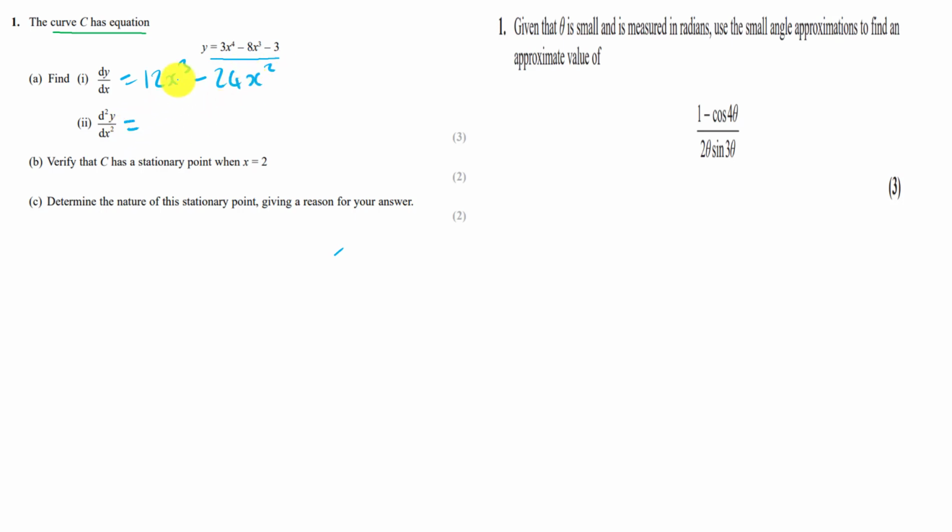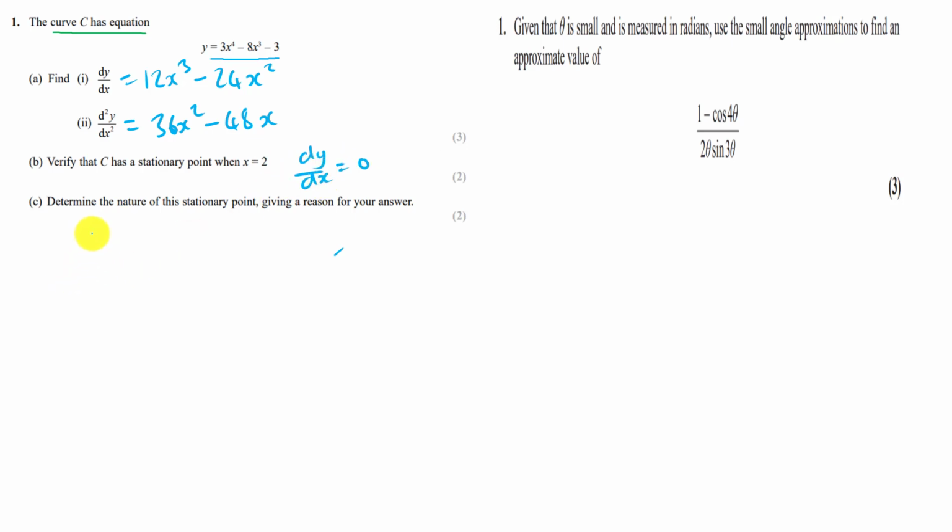The second derivative, same process, multiply by the power and decrease the power by 1. So that's 36x squared minus 48x. Verify that C has a stationary point when x equals 2. Generally you should state that's when dy/dx equals 0.